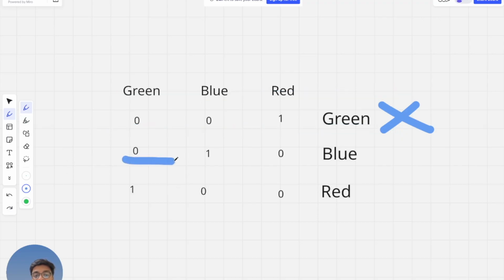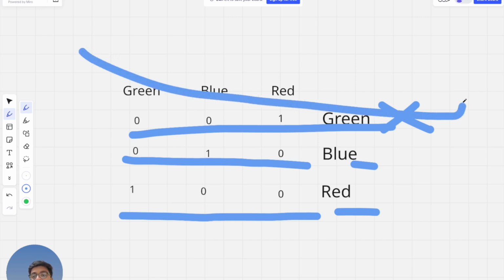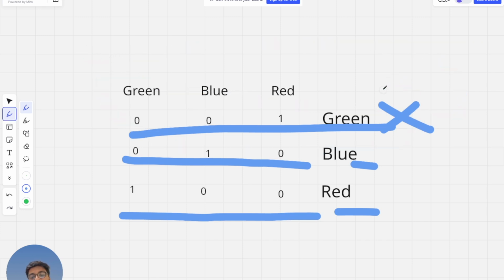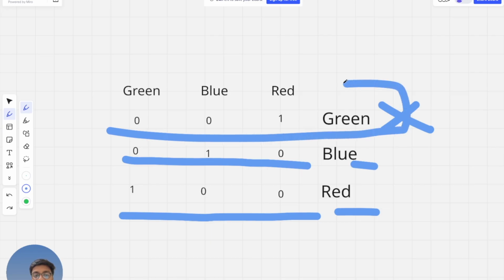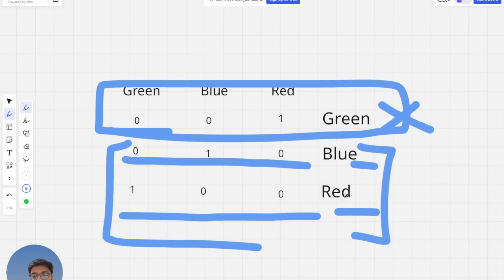If we consider 0 1 0 as blue and 1 0 0 as red, then for sure the last option, which is 0 0 1, is green. Then why should we consider this whole line of the data? If we are not considering it, we still have the correct encoding for both options, right?